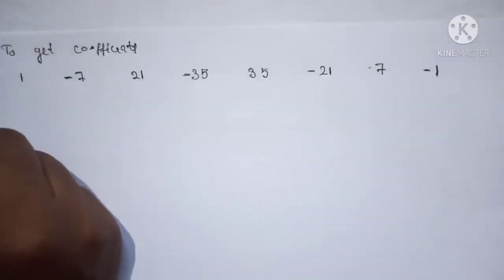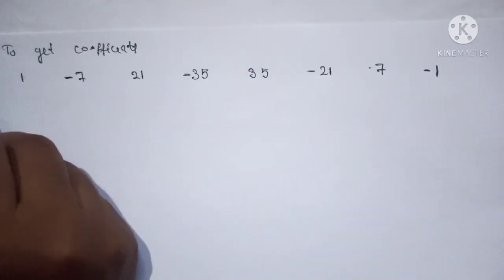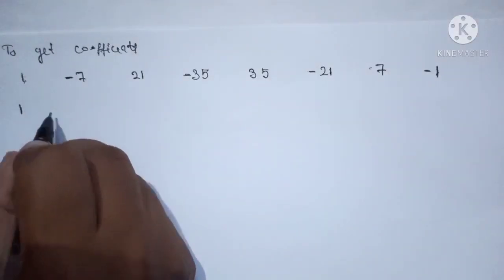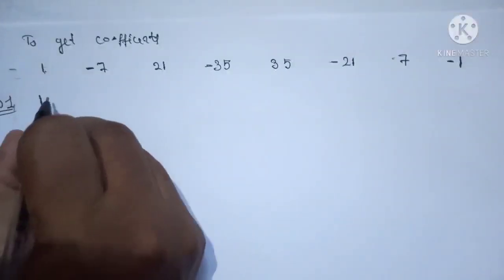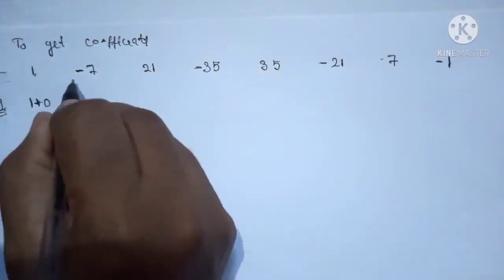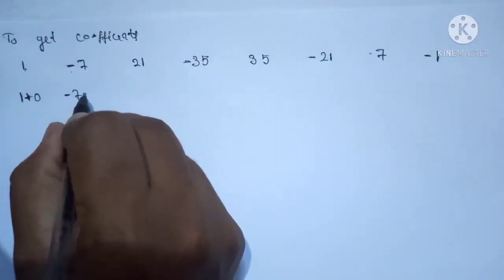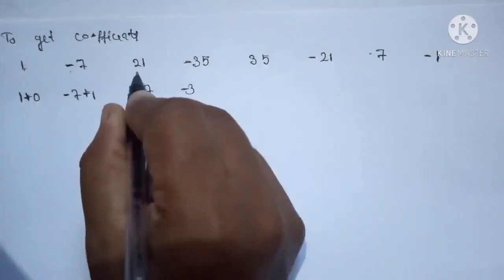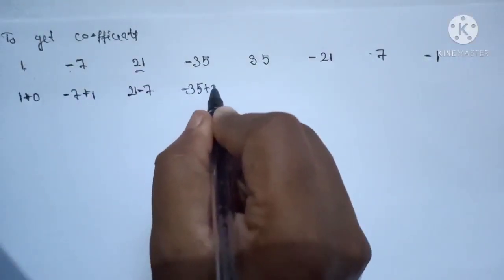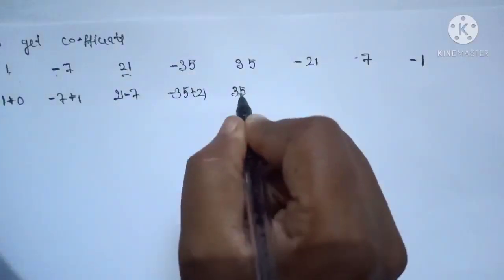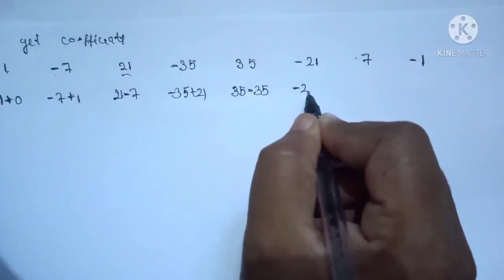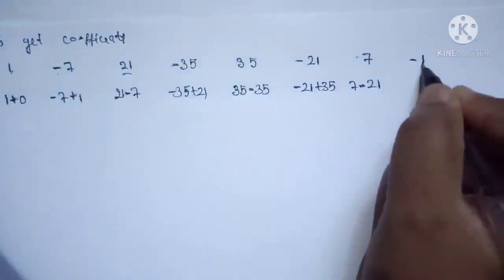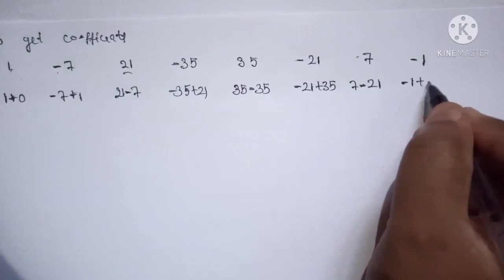So now step 1: add each constant with the previous one. Here there is no previous one, therefore we take it as 1 plus 0. Next, minus 7 plus the previous one 1; 21 minus 7; minus 35 plus 21; 35 minus 35; minus 21 plus 35; 7 minus 21; and minus 1 plus 7.